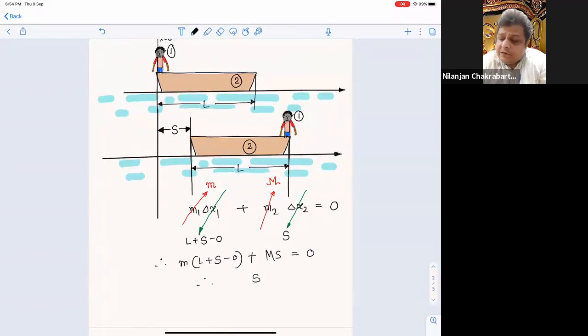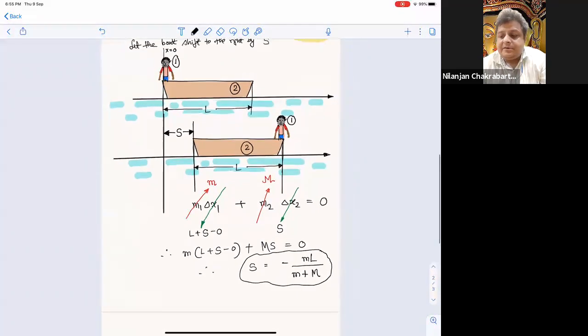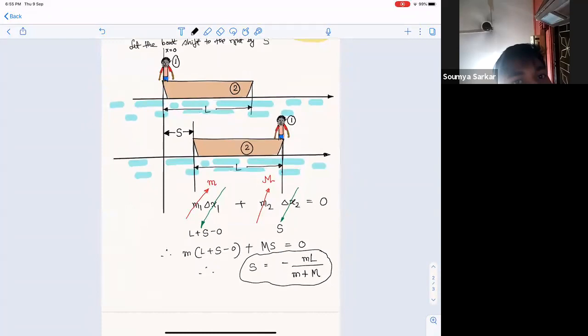So what is s equal to? Minus mL by m plus M. What does the minus sign mean? What does the minus sign mean? It moves towards the left.